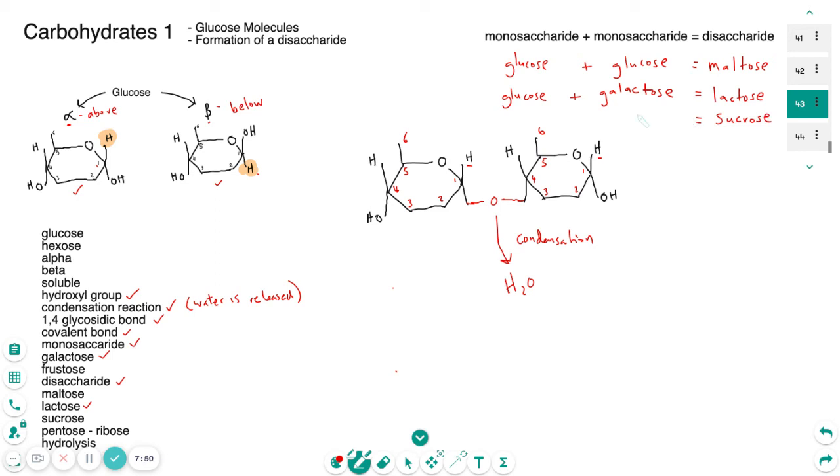Plants produce sucrose, which is glucose again. Sorry, I'm writing over this now, never mind. Plus another very sweet monosaccharide called fructose. Fructose is sweeter than glucose.